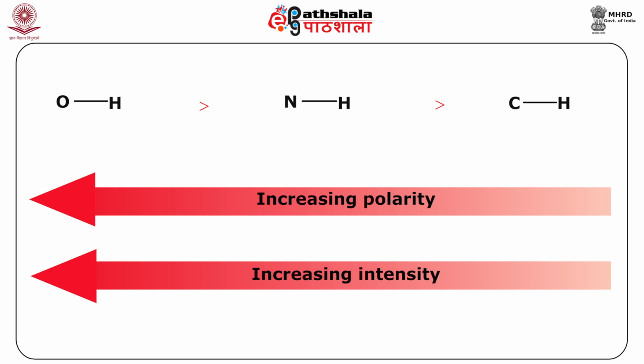The stretching vibration of an O-H bond will be associated with a greater change in the dipole moment than that of an N-H bond, because the O-H bond is more polar, because oxygen is more electronegative than nitrogen. Consequently, the stretching vibration of the O-H bond will be more intense.